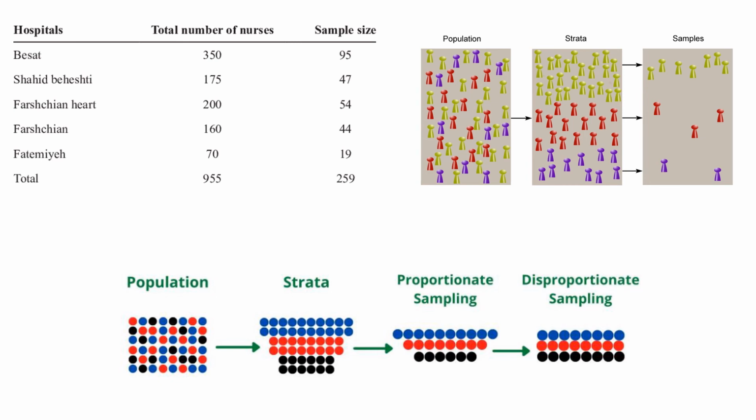And these could be nurses specialized in pediatrics, or nurses specialized in cardiac care, other nurses specialized in emergency. But what you see here is there's a lot more green than there is red, a lot more red than blue. So to stratify this, we have to make sure those groupings are the same. We better make sure we sample more green than there is red, and more red than there is blue. Actually, they're in proportion to their percentage.